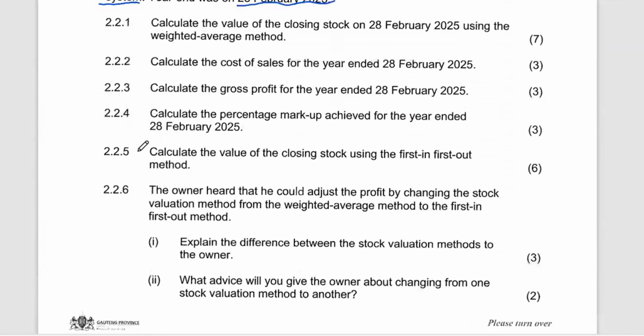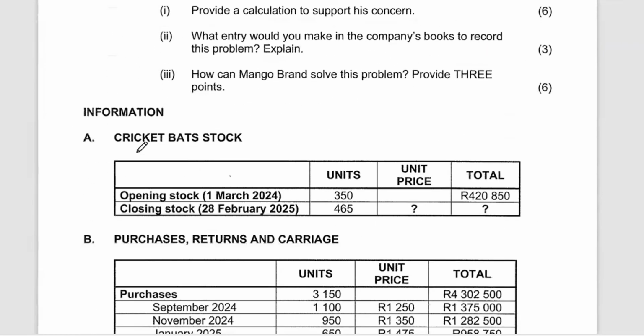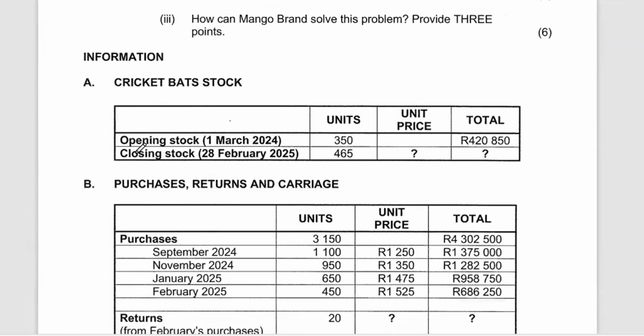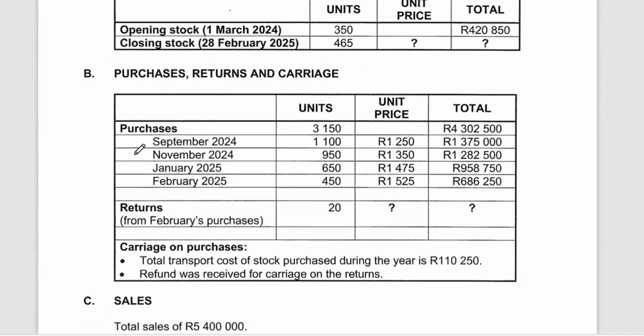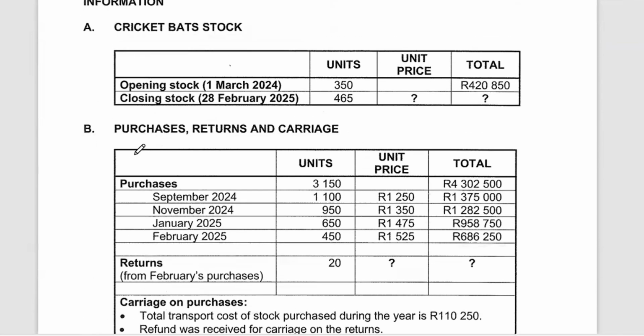So now let's go to our information. So this is our stock information A. We are given the opening balance of cricket bats, which is 350 units, and the total cost is 420,850. So how do we value our inventory using the weighted average price?